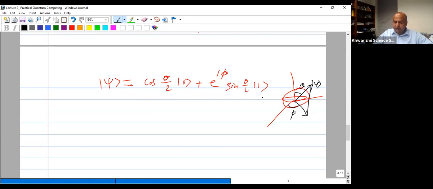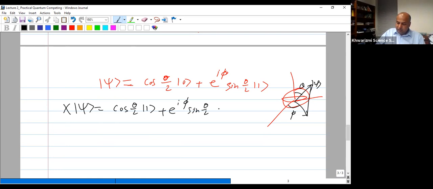So let's see what happens when we apply the X gate to this. When I apply X to psi, I get cos theta by 2 as it is, and when X goes to 0, this becomes 1, and e to the power iota phi sine theta by 2, and when X applies to 1, it becomes 0. Let me rearrange this a little bit.